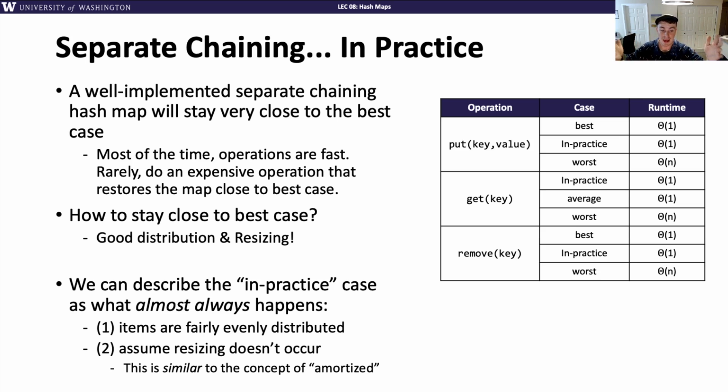And this in-practice case yields a runtime function that you could then do big theta, big O, big omega analysis on, our asymptotic analysis. So this is actually using our toolbox, but being very explicit and saying, this is a particular case I'm considering here. Now, you may not believe me that this case actually happens in practice, but it is a case that we're going to care about, and in fact does end up happening in practice if we're careful.